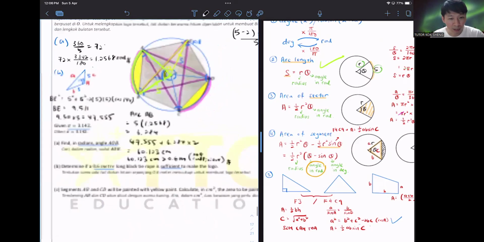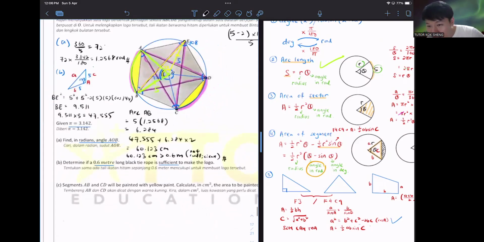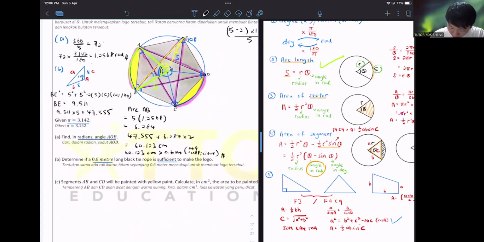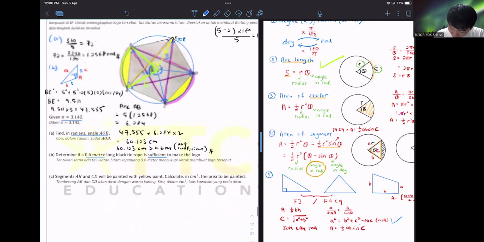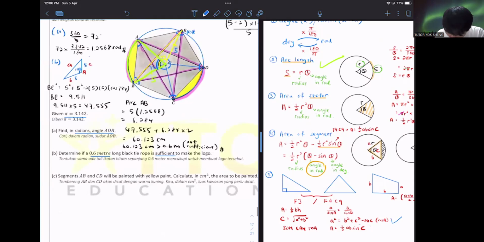Okay, last one, 2 marks. Go, go, go. Last, okay, C. Segments AB and CD will be painted with yellow paint. You can see the picture there. For your side, you have to see the picture. The one they show you here in yellow color, calculate the area to be painted.